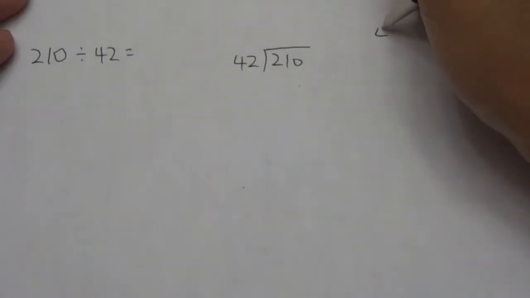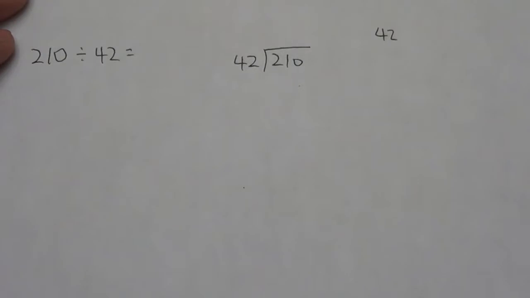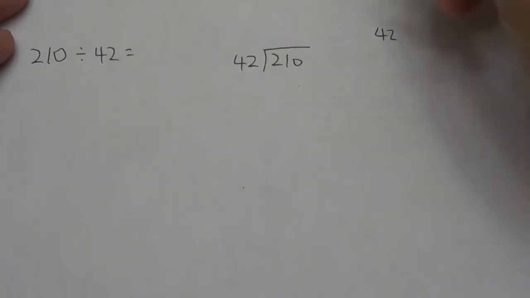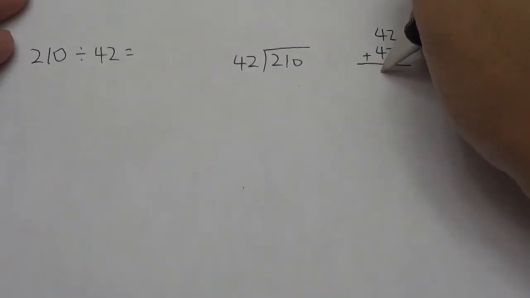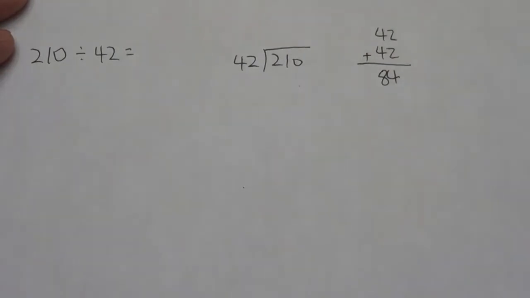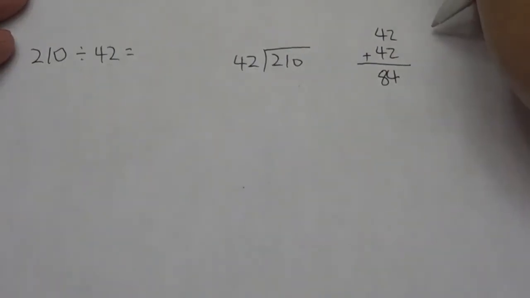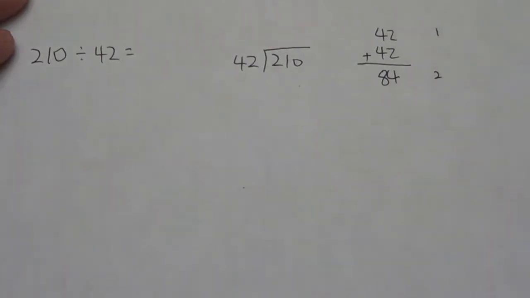The first one is 42. For the second one, I add 42 to 42, because that's what skip counting means, adding 42 each time. I would get 84. It would be a good idea to label it: that's the first time, that's the second time.